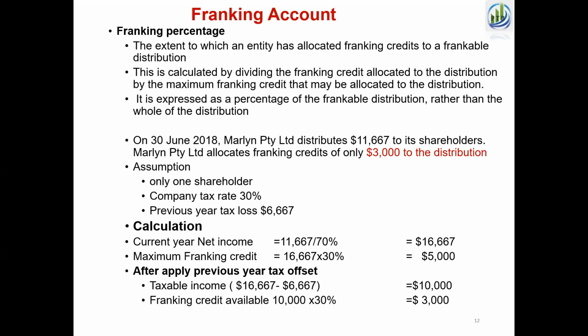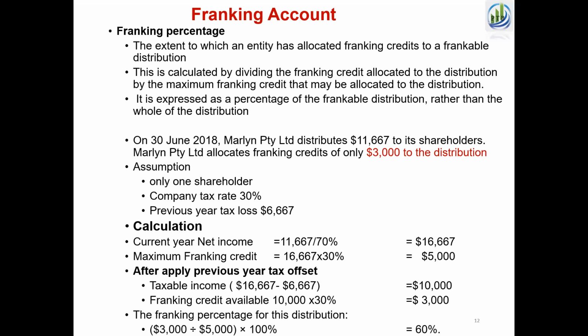Therefore, when you are claiming the franking credit, you cannot claim all 5,000. You only claim 3,000. So the portion of the 5,000 you can claim, which is 60% of your franking credit, is 3,000, right? This is called a partially franked credit.